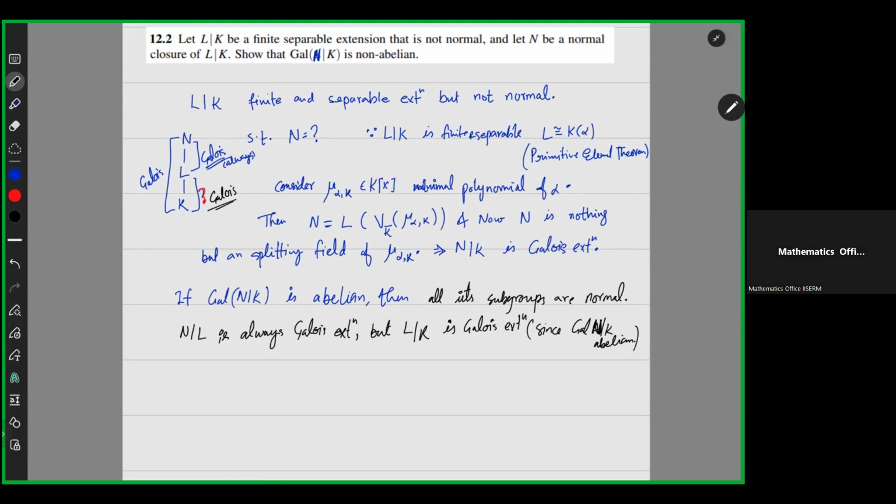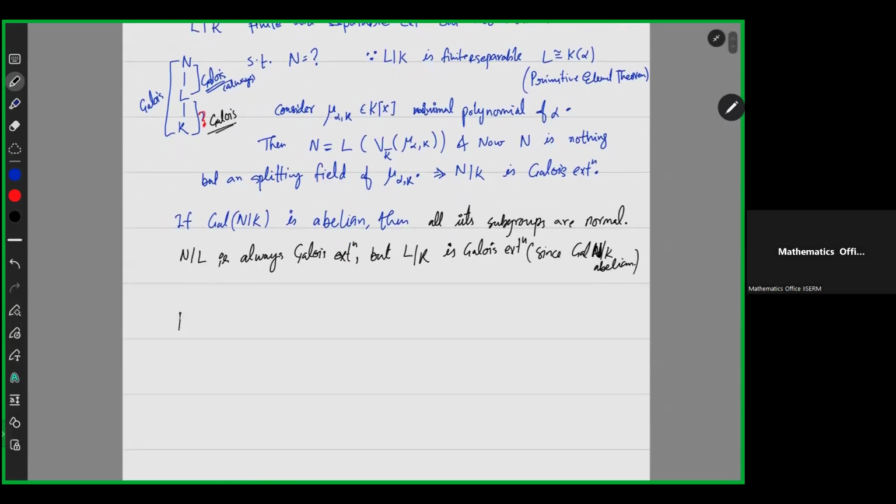But Galois extensions are normal and separable. Separable we don't need, but this is a contradiction. Contradiction to what? L over K is not normal.